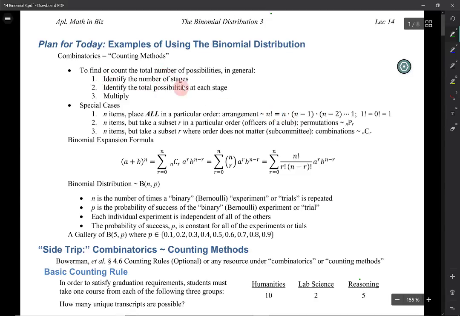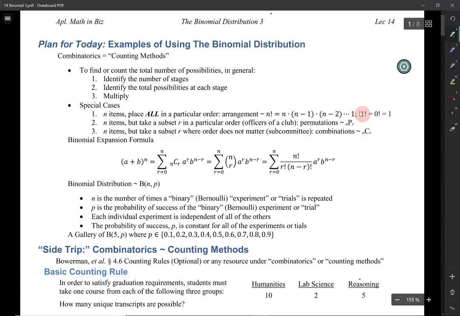In the first stage you pick the first one, and at the next stage, the first one's already used up, so n minus 1 remain. At the next stage the first two have already been picked and placed in place 1 and place 2, so there are n minus 2 left, all the way down to 1, where you've used all of them.